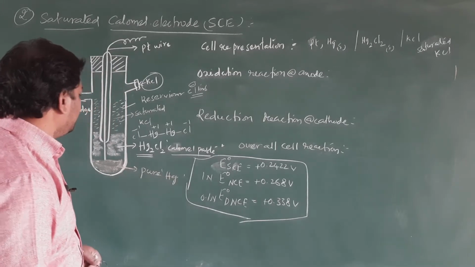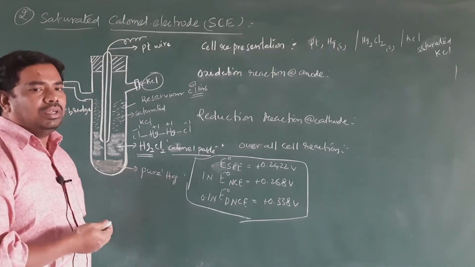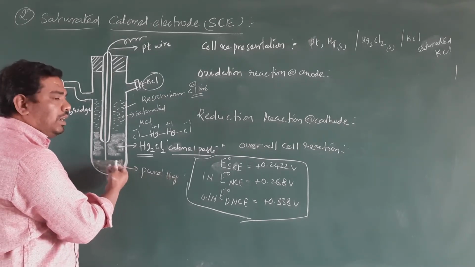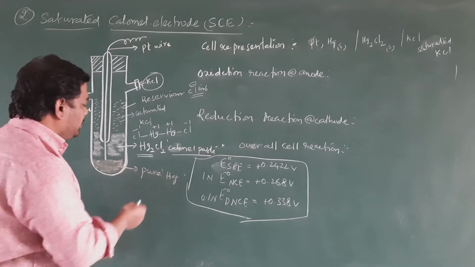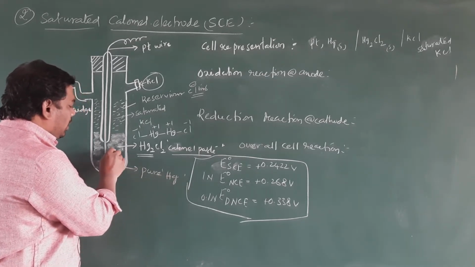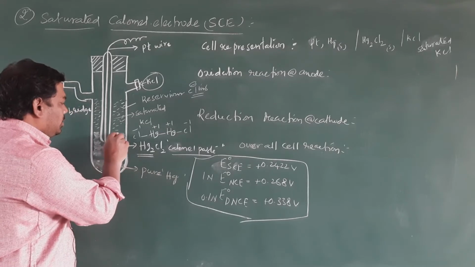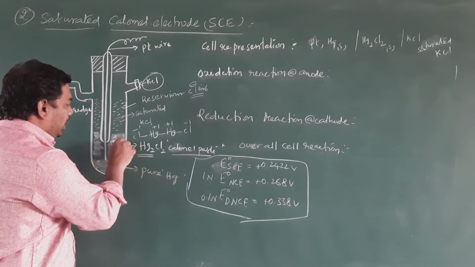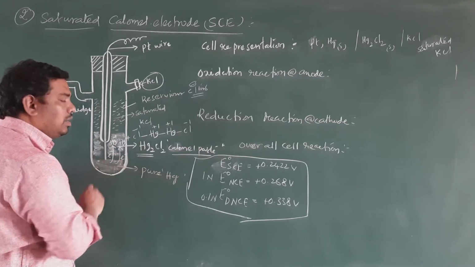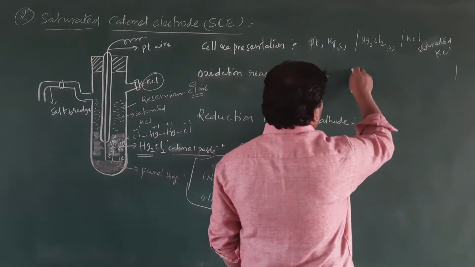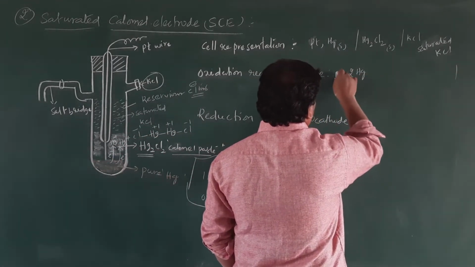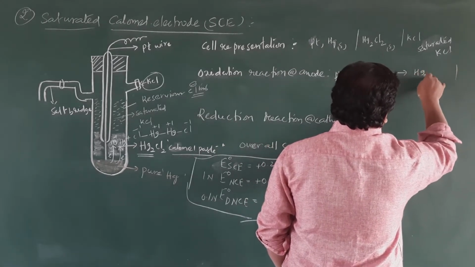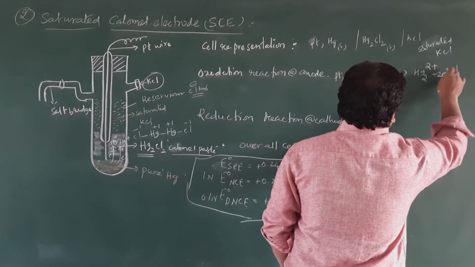So here you can see, students, the mercury is going to be oxidized. Generally the reaction takes place at the bottom of this glass vessel. This mercury is oxidized, converting into Hg plus with the loss of electrons. That means 2Hg solid is converted into Hg2 2+ with the loss of 2 electrons.